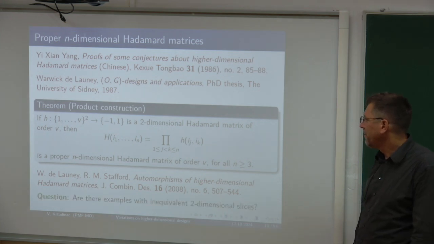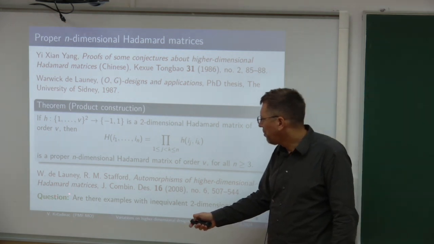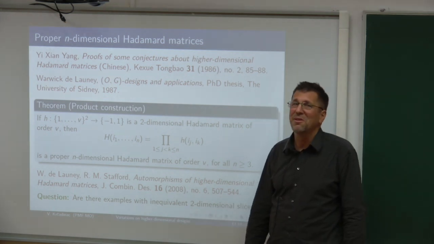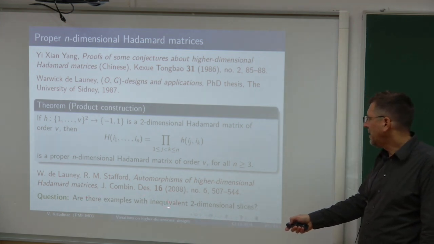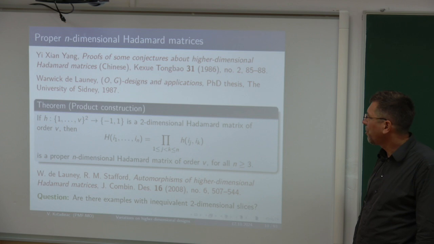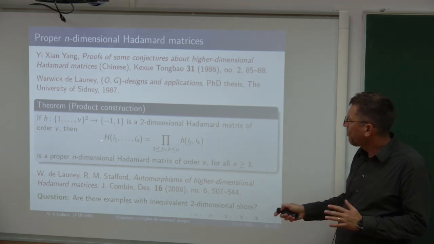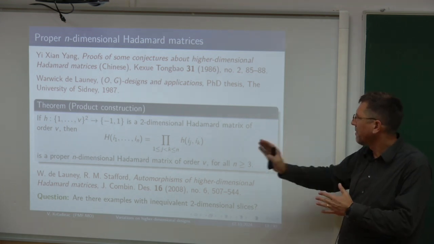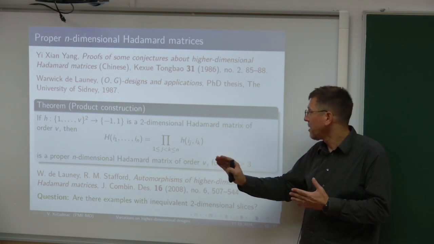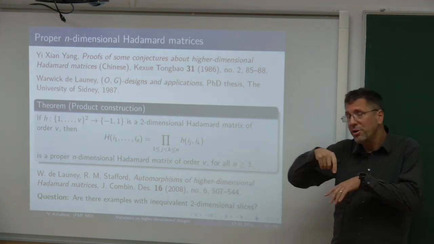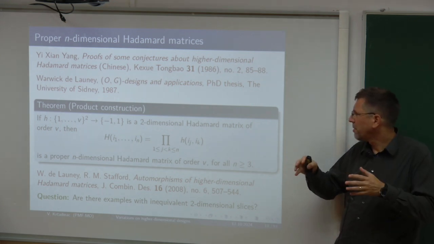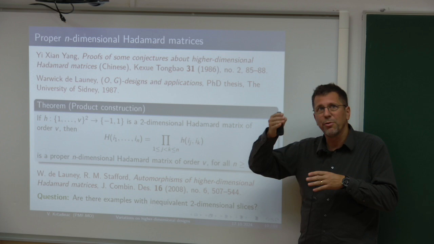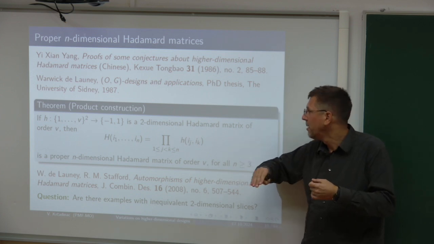And here's a question, for example, well, the green questions are going to be the ones I know the answer to. You can ask, are there any examples with inequivalent two-dimensional slices? Because the way this construction is proved, how do you know that any slice is a Hadamard matrix? Because it's equivalent to the original one you started with. Equivalence means you're allowed to permute the rows and the columns, and you're allowed to multiply individual rows and columns by -1 to change the signs.